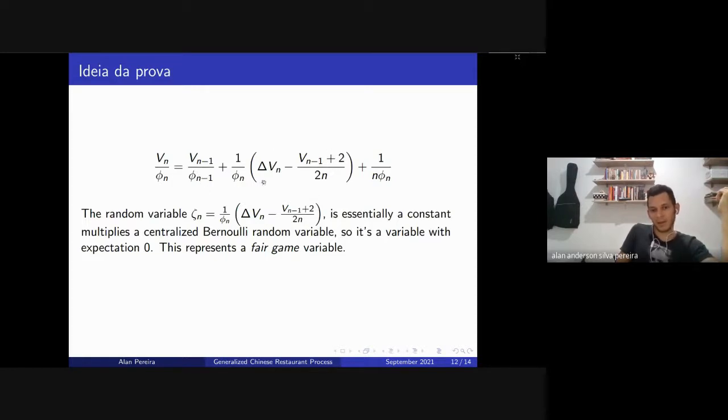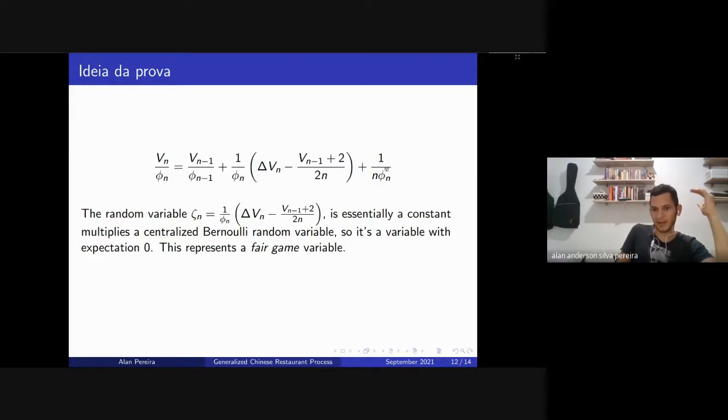Here we stay with a centralized Bernoulli, but we now have a constant, a normalizer, that will converge in some sense.